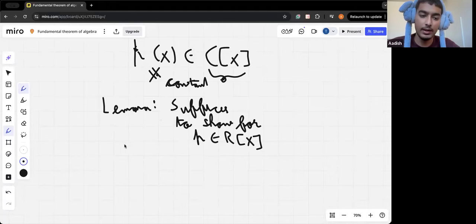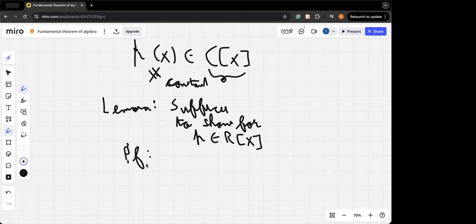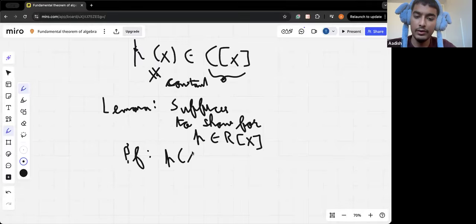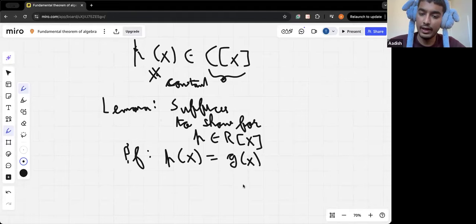Okay, can someone just prove the lemma? Try to separate the imaginary and real parts if the coefficients are complex. Okay. So take p(x), write it as g(x) plus i times h(x).